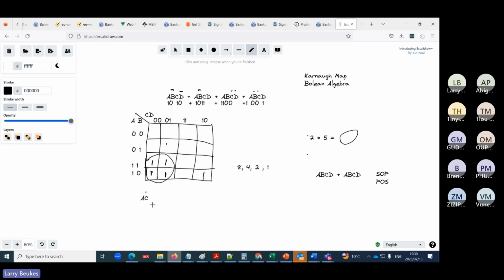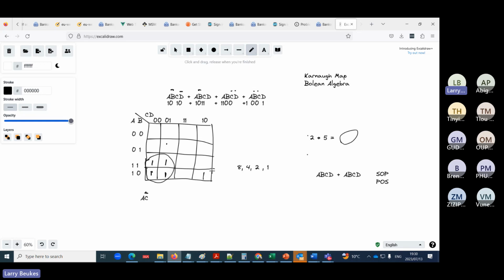Not C. Then we have D, 0 and 1, it changes states, so we're not going to take it. So we are done with this group. It was A, which didn't change states, then it was C, 0, 0, which didn't change states as well.